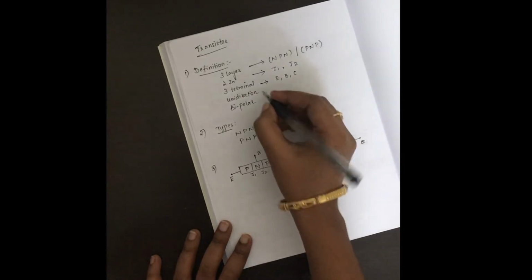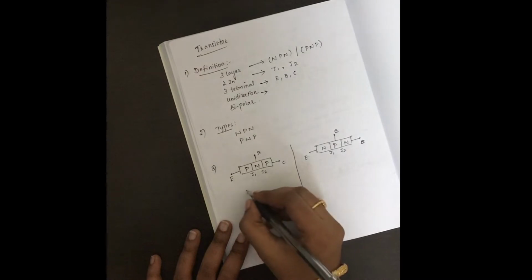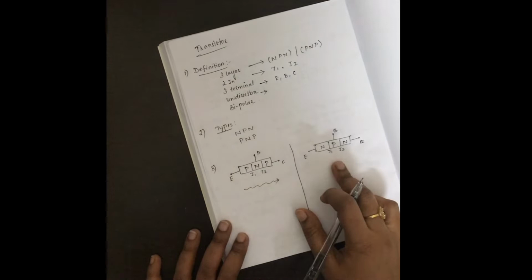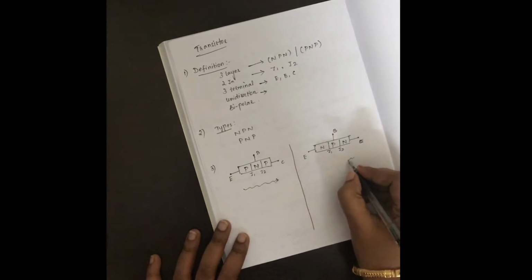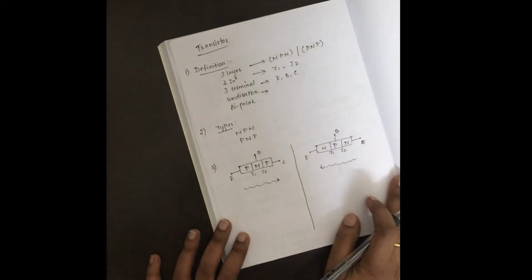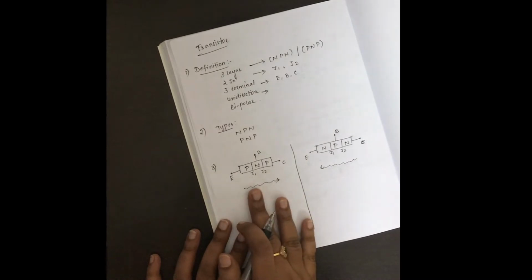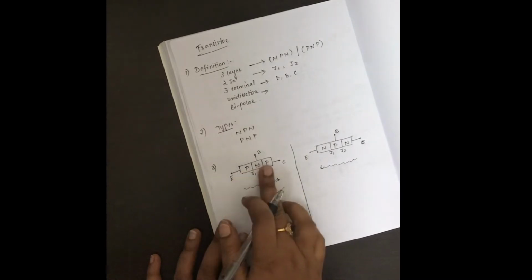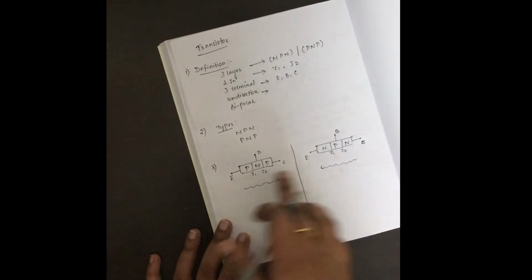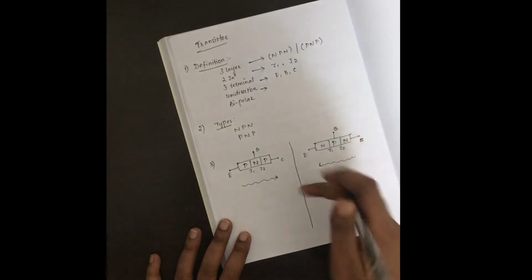So what is unidirectional? For a PNP transistor, current flows from emitter to collector and not collector to emitter. For NPN transistor, current flows from collector to emitter and not from emitter to collector. That's why it is called unidirectional. I'll explain why the current flows in a PNP transistor from emitter to collector and not collector to emitter, and vice versa in NPN transistor, in the next topic.